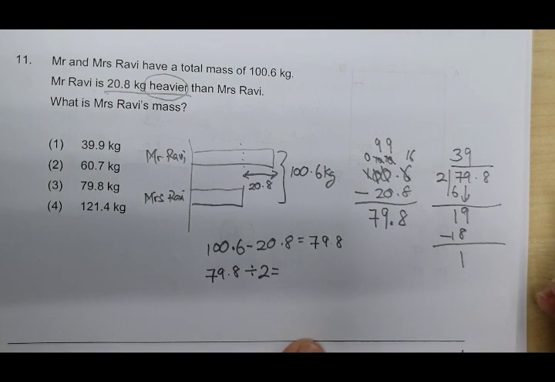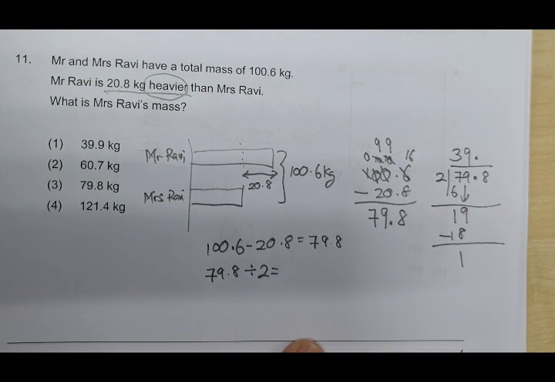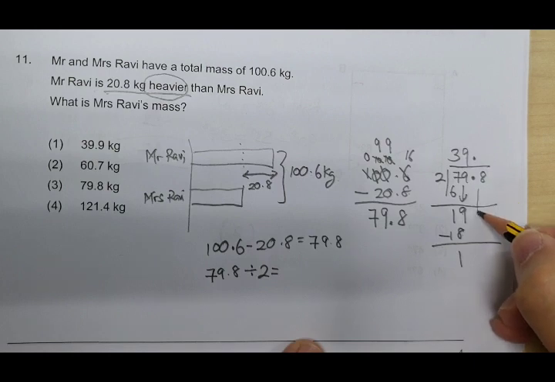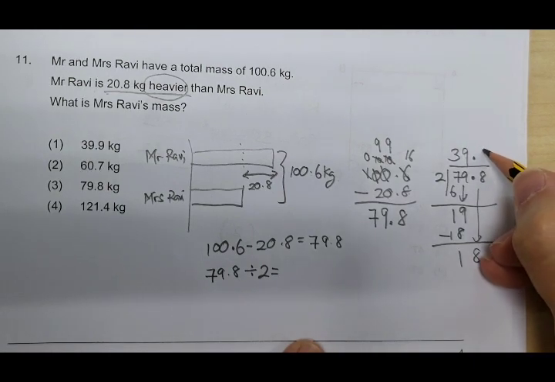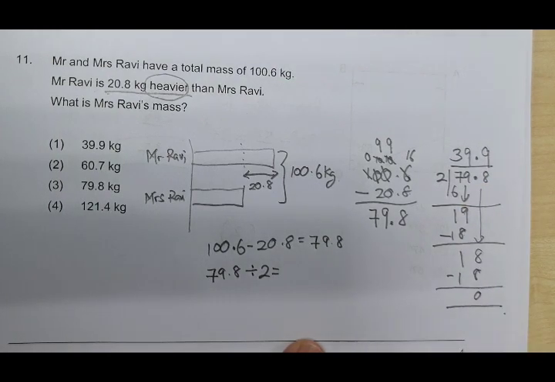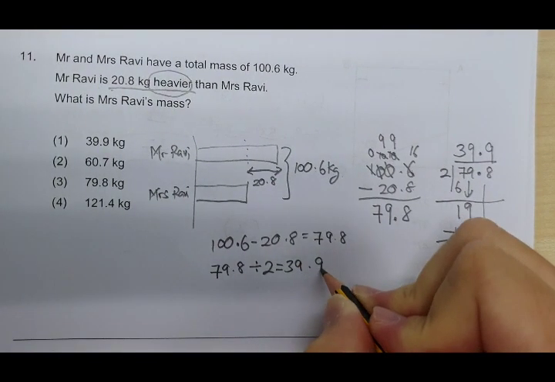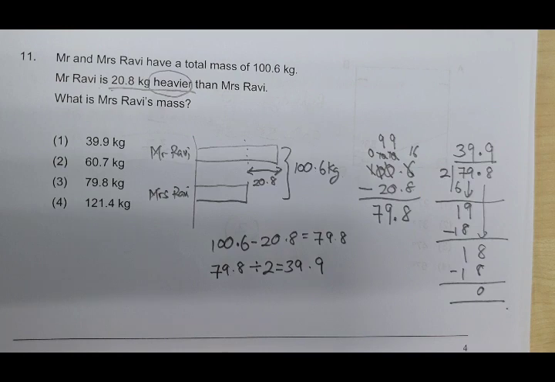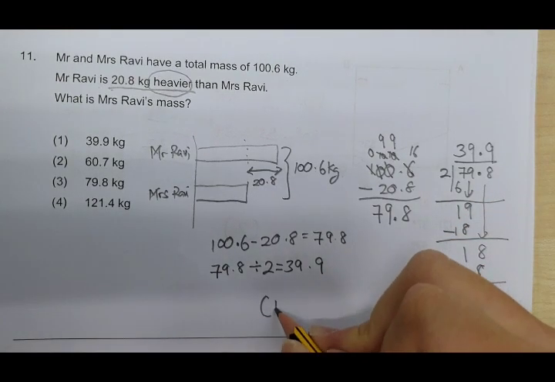Now before we move on, always put back your decimal place, just to be careful. So we shift down. We have 18 and there will be another 9. 2 times 9 gives us 18 and there is no remainder. So the answer will be 39.9 kilogram, which is in this case number 1. That's alright.